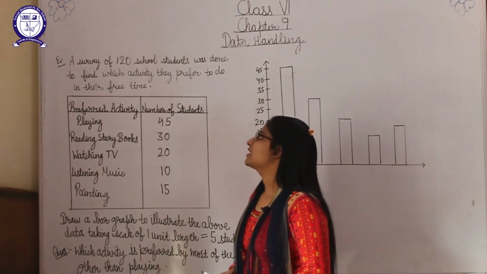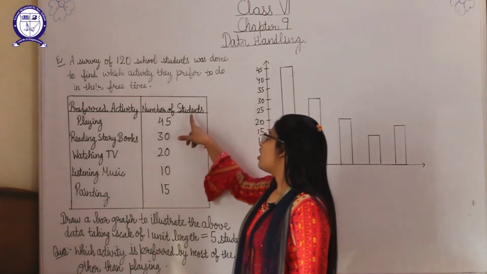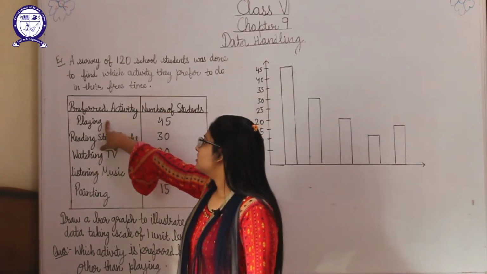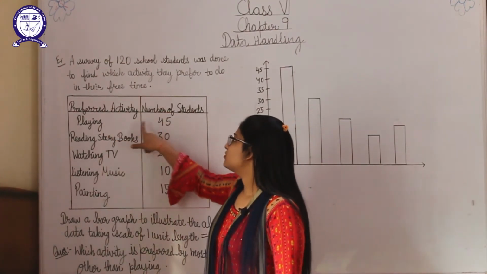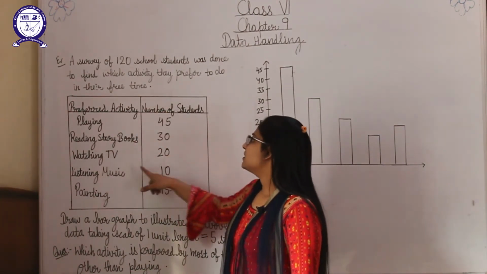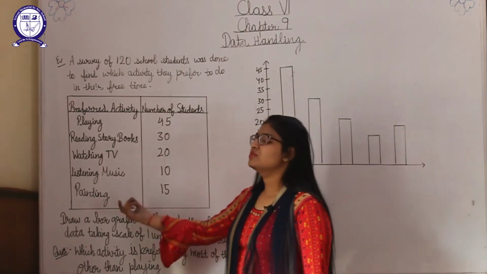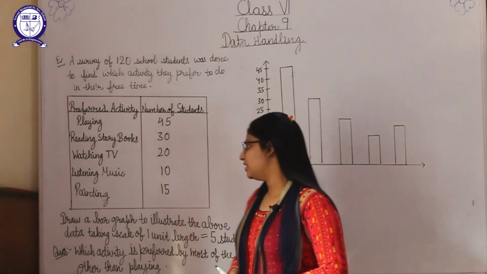These are the activities that the students do in their free time. And how many of the students do these activities? 45 students play in their free time, 30 students read storybooks, 20 students watch TV, 10 students listen to music and 15 students do painting in their free time.